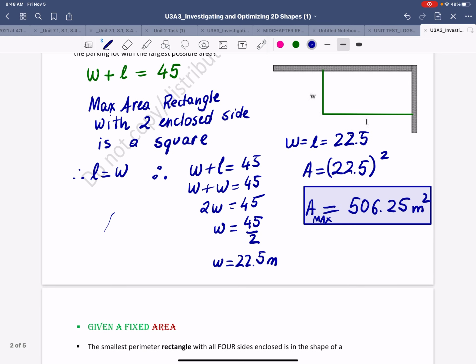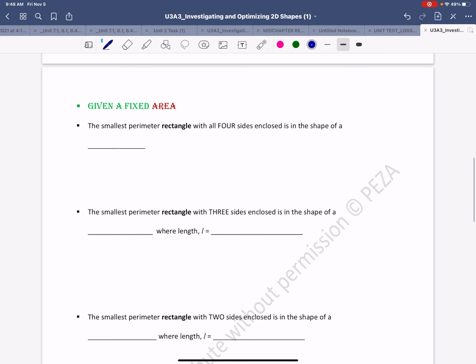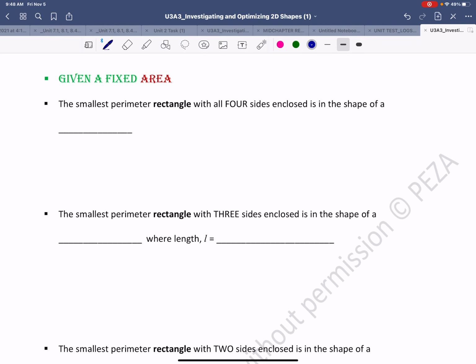Okay, now we're going to move on to the next topic. So if we are given a fixed area, what would be the shape of a rectangle with a minimum perimeter? Now this will be very easy for us to remember because there is a connection between maximum area and minimum perimeter. So whenever the maximum area happens, then we have the minimum perimeter as well.